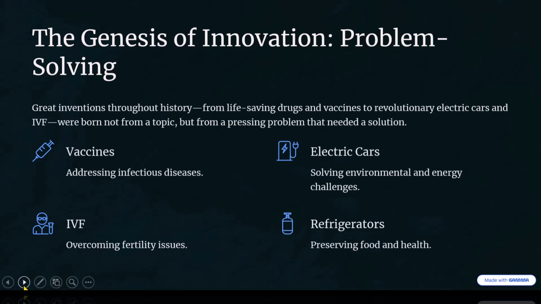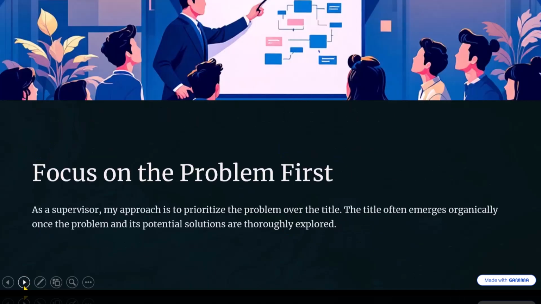You know, researches on refrigeration is about preserving food and good health. So most of the research that we actually see around, their focus is usually on which problem they needed to solve at a particular time. So it is also important for you to think in this direction, that you focus on the problem first.